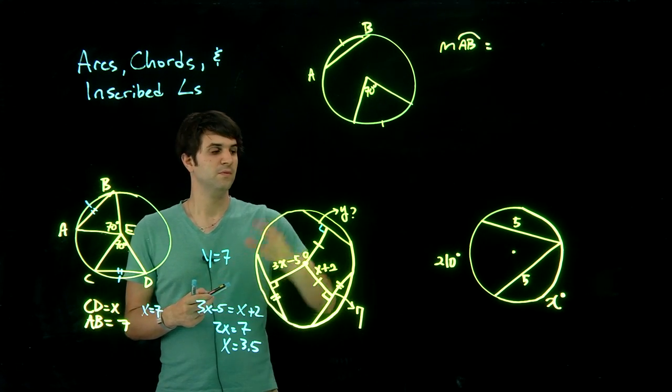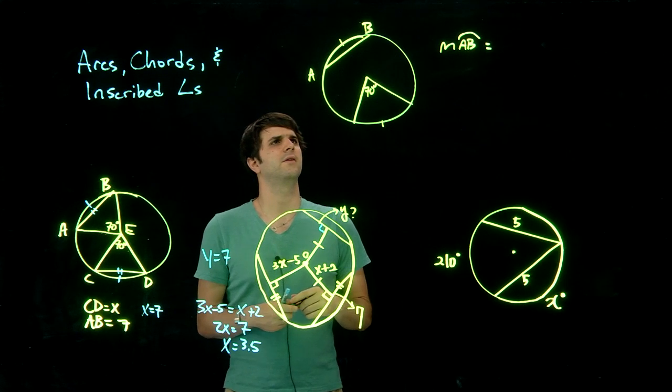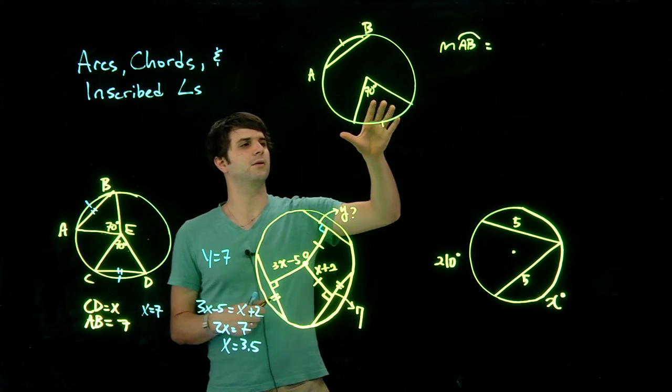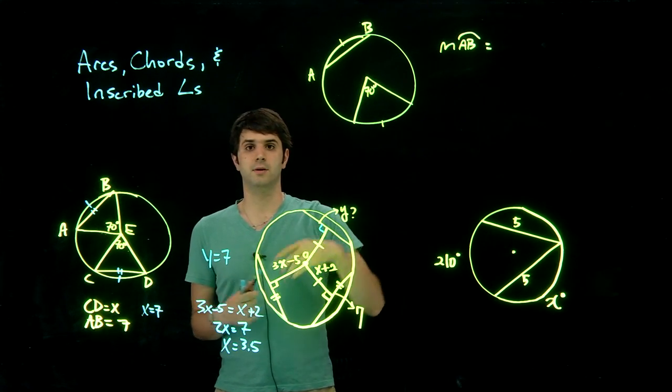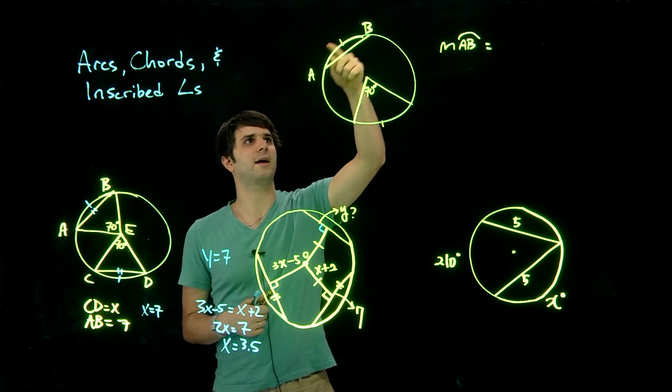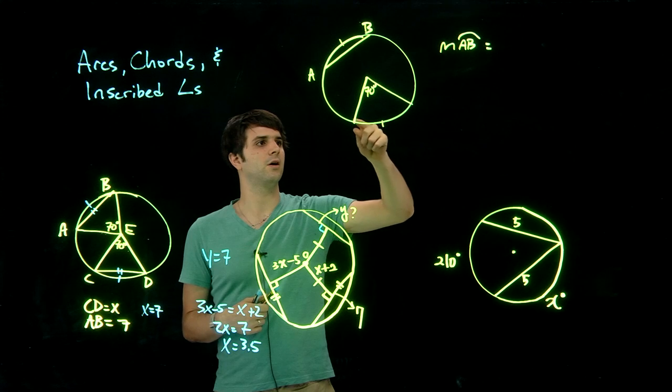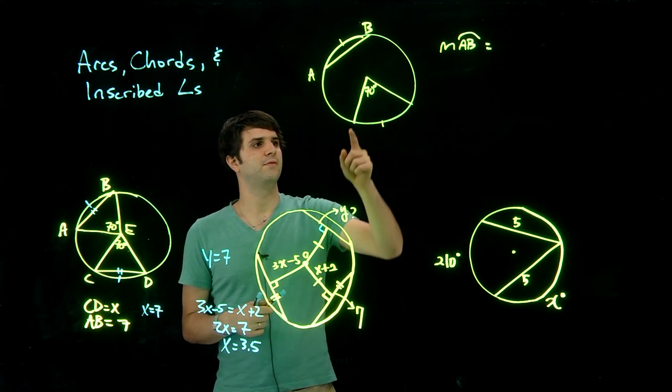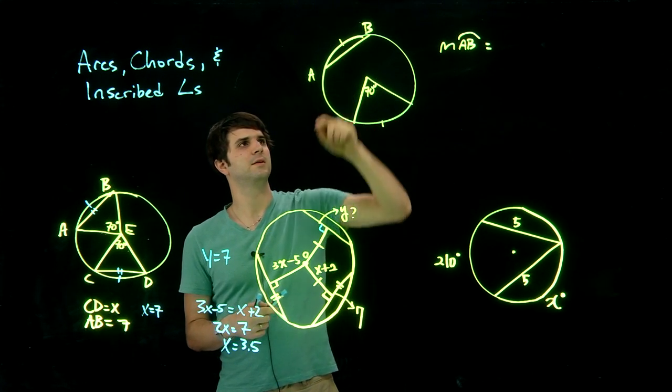Okay. Coming up here, we have an angle. This is a central angle again, and it's 70 degrees. We notice that arc AB is congruent to this arc.